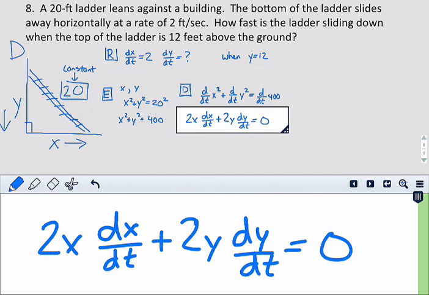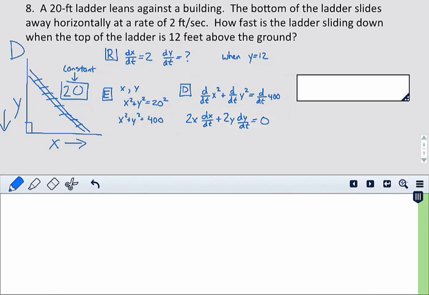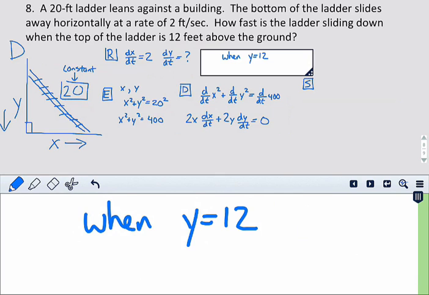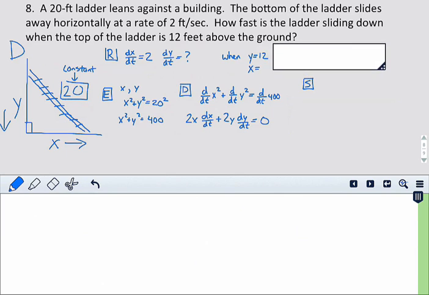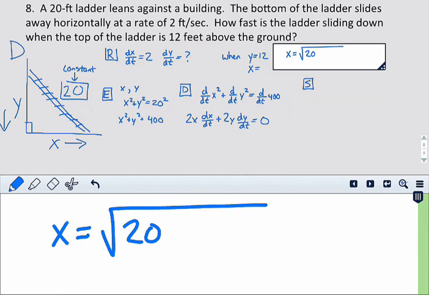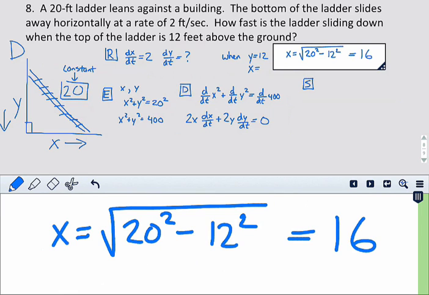That's going to equal 0. Now let's go ahead and substitute. Well, when y equals 12, we can actually find x because we know our Pythagorean theorem. So x will actually equal the square root of 20 squared minus 12 squared. Okay, so if you set up a squared plus b squared equals c squared, and use the values that we know, we actually get x equals 16.